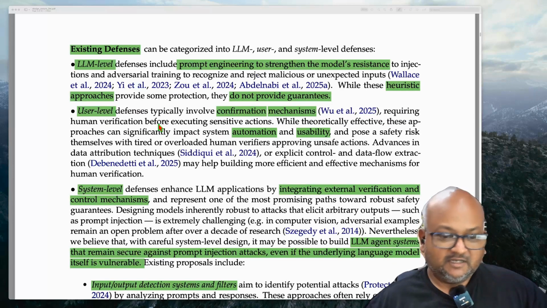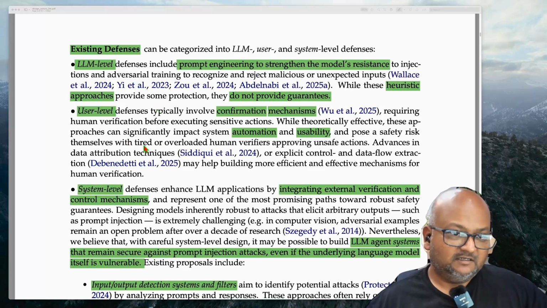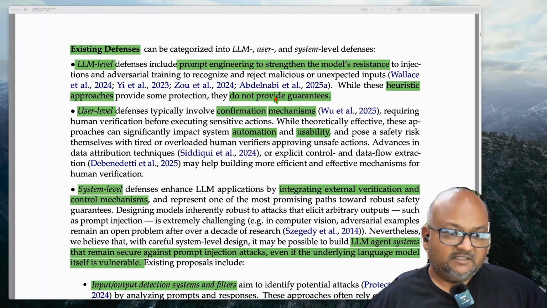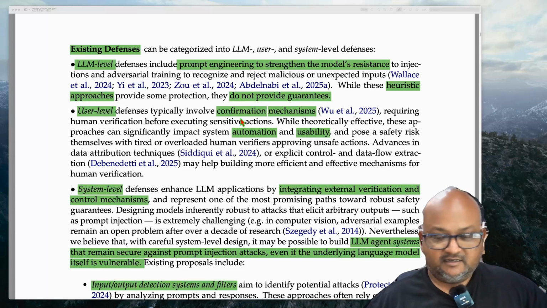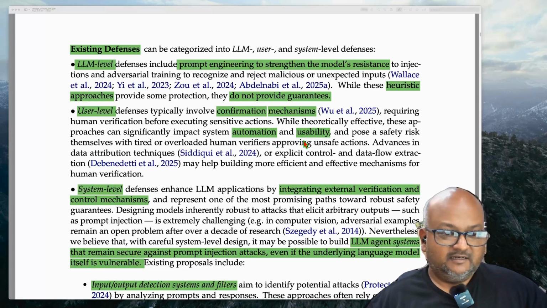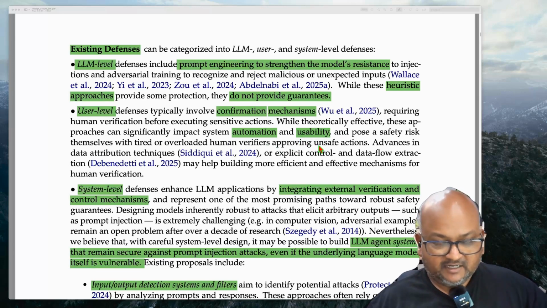Now, of course, people haven't been standing still. There are some existing defenses. There are LLM-level defenses, which are still heuristic. They use prompt engineering to add some layers of checks, but they still do not provide guarantees. You then have user-level defenses, like asking the user for confirmation, but the problem is that you can't automate a system if it's asking for confirmation, and it leads to confirmation fatigue.